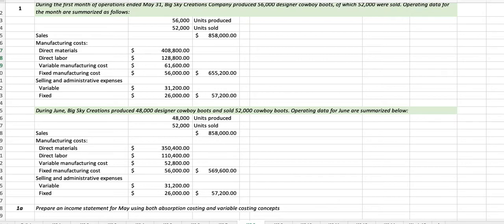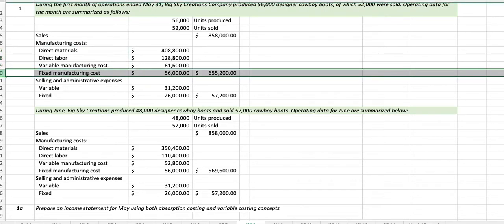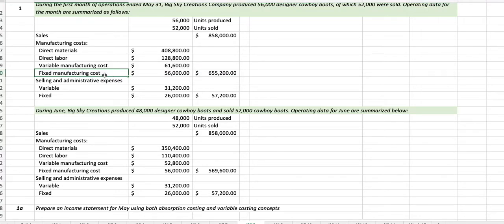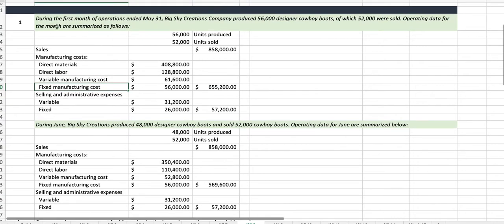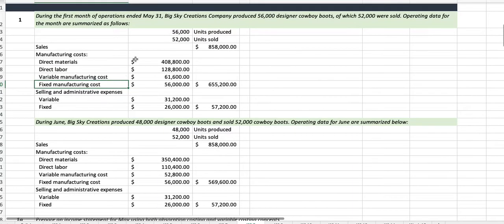Absorption costing includes, like we said, even the fixed manufacturing costs. So we consider this fixed manufacturing cost to be capitalized or stored as inventory when the production is greater than sales. In the first month of May, that's the situation that we have. We have actually produced more than we have sold.